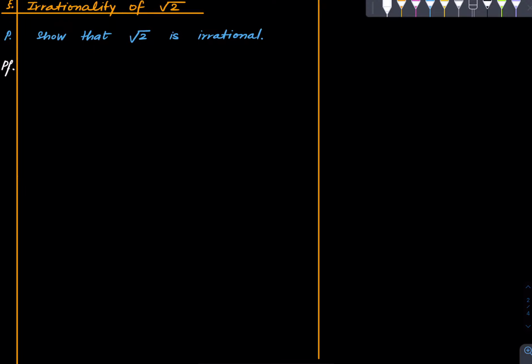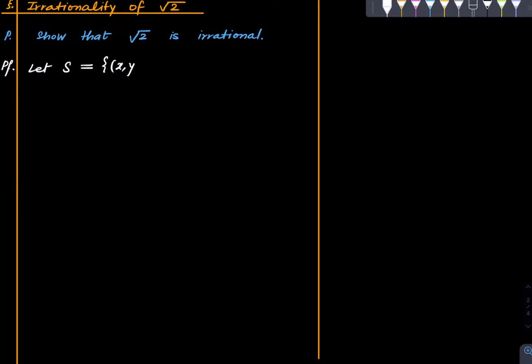So what we are asking is to show that this equation is not solvable in integers, meaning you cannot find integers x and y such that this equation is satisfied. But since this is positive, it is same as asking for natural numbers x and y for which this equation is satisfied.